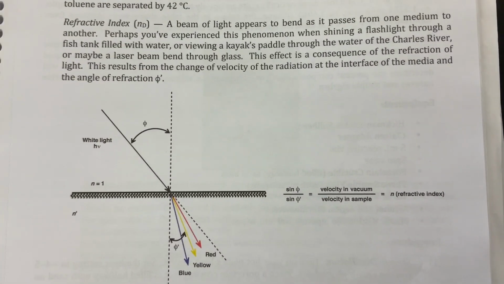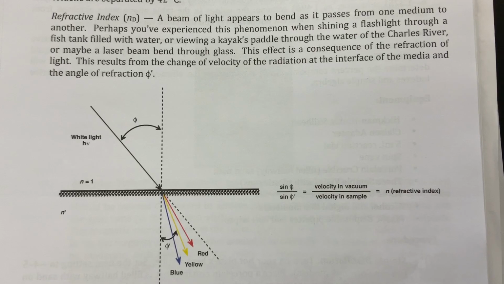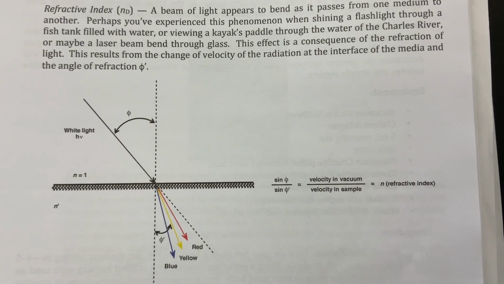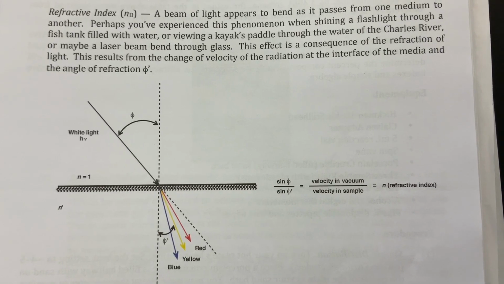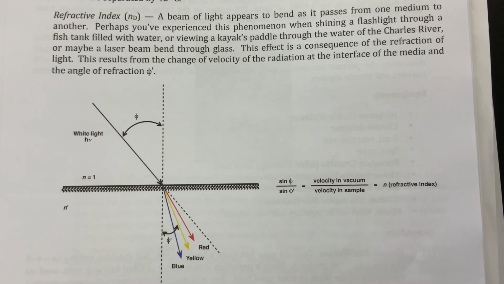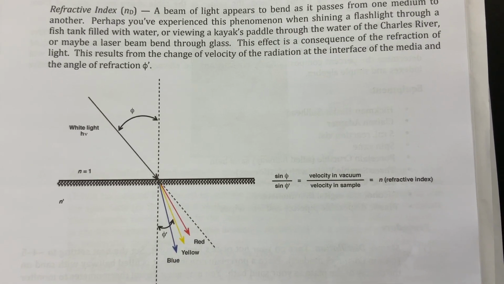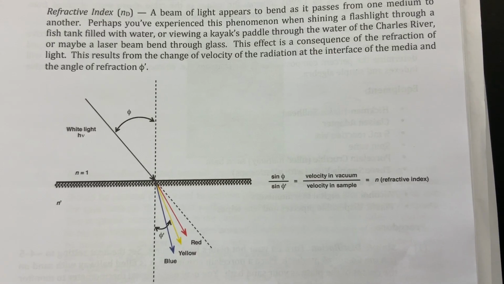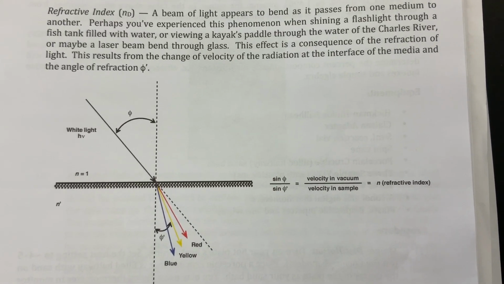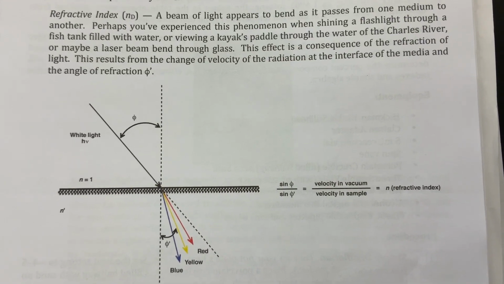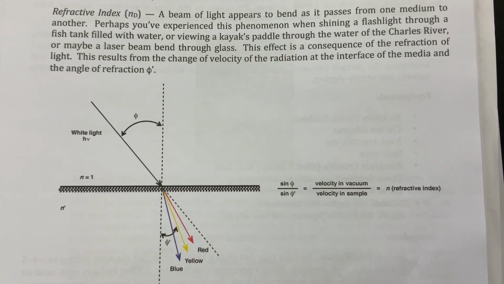So we'll talk about the refractive index a little bit later, but basically the two liquids have different refractive indices, and there's a substantial difference, which is why we've chosen toluene and hexane as the two solvents to distill from each other. That, and because of their great difference in boiling point.